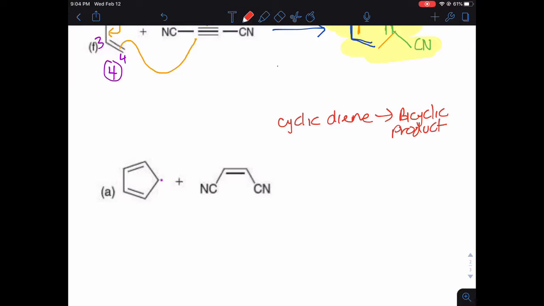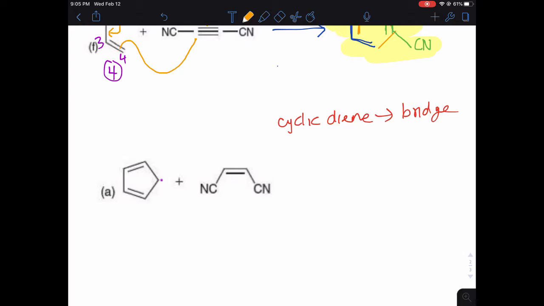Or actually you end up with a bicyclic product if your dienophile is also cyclic, but a cyclic diene will give you a bridge. Okay, so let's see how this goes.